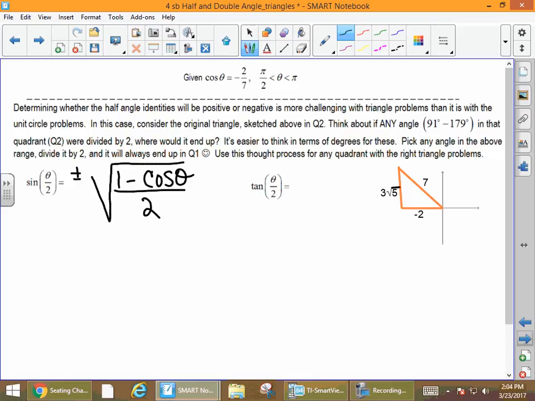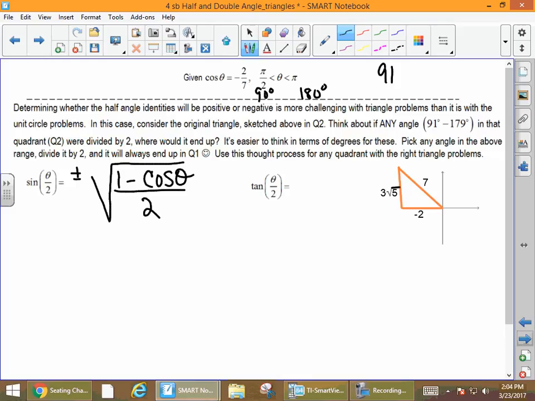Here's maybe a better way to think of it. If we think about this, pi over 2 is 90 degrees. And pi is 180 degrees. But what we want is, we want to pick values that are within the quadrant. So 90 and 180, those are quadrantals. So what if we look at 91?